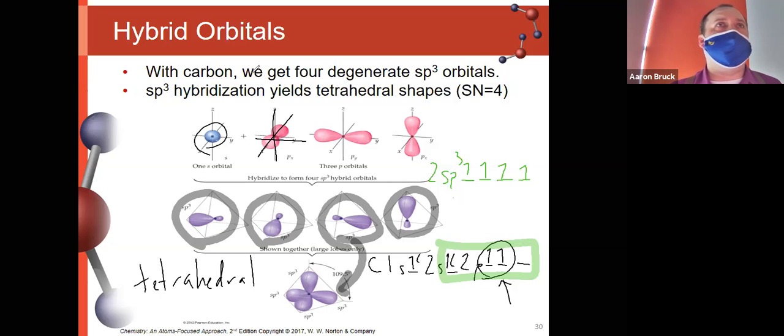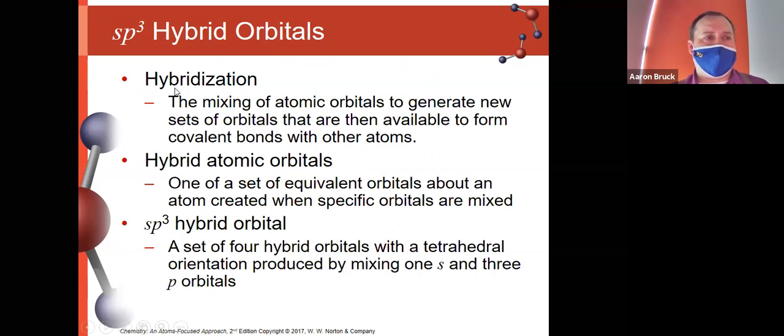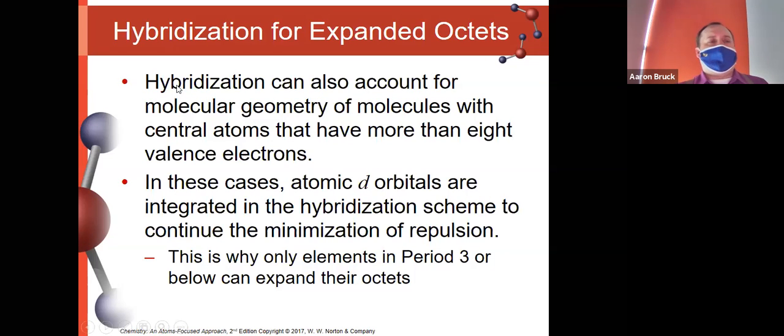Any other questions? So we're ready to move on and talk about expanded octets. So again, thus far, all that we've been able to see and do has focused on staying within the confines of the octet rule, staying within the confines of what we consider the valence shell of a molecule.